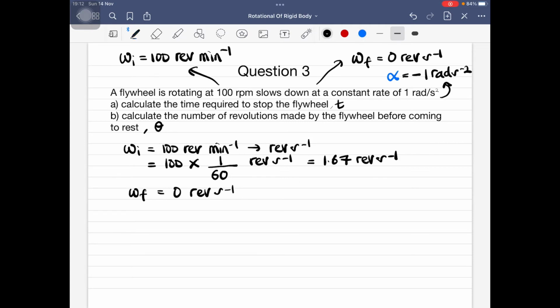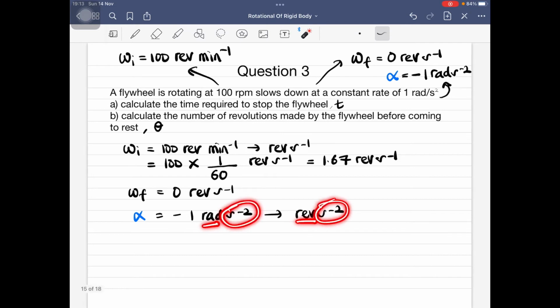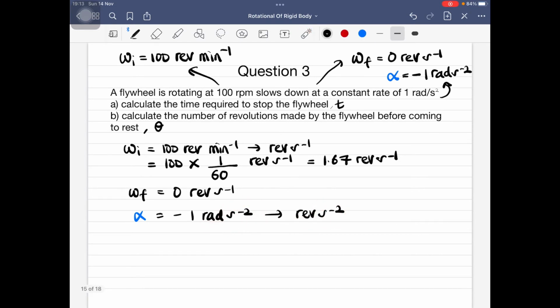Next we're going to convert our angular acceleration, which is negative 1 radian per second square, into revolution per second square. For this one, I just need to change the radian into revolution. I'm not going to change the time because it's already per second square.